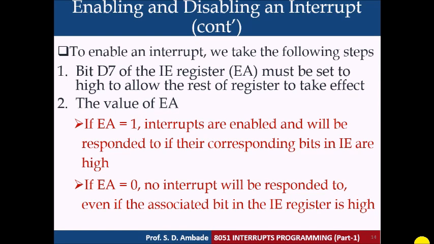If EA is equal to 1, interrupts are enabled and will be responded to if their corresponding bits in IE are high. If EA is equal to 0, no interrupt will be responded to even if the associated bit in the IE register is high.